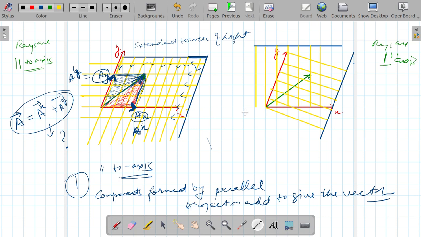If things are happening in this way, then this is the shadow region. This is the shadow region which I am getting.